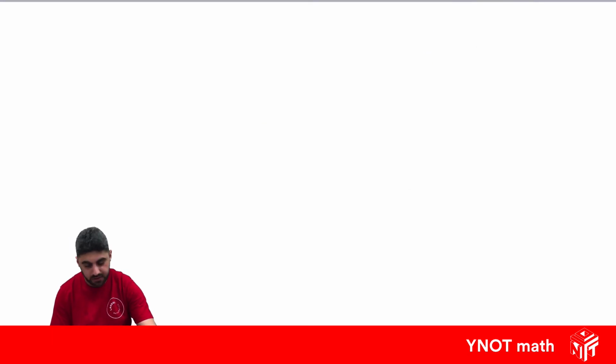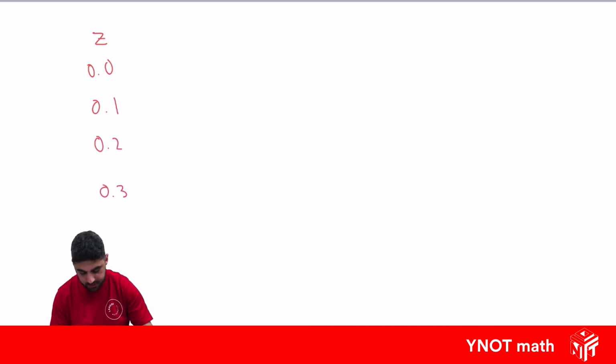Now, if z's not a whole number, you're going to have to get the value from a table. So you might have a table that looks something like this, where it's got z and 0.0, 0.1, 0.2, 0.3, and so on.